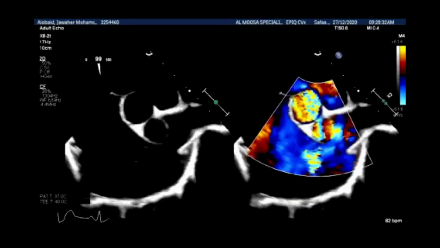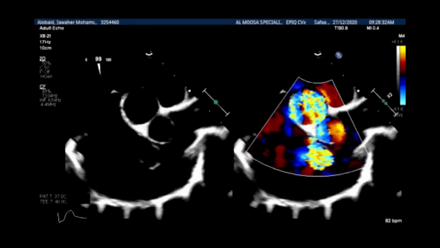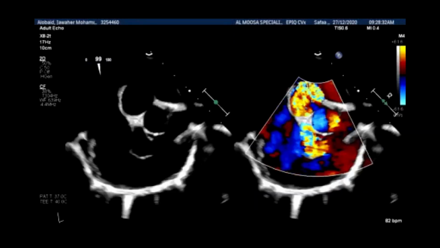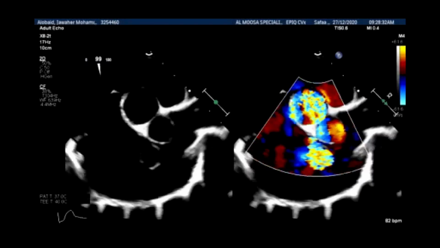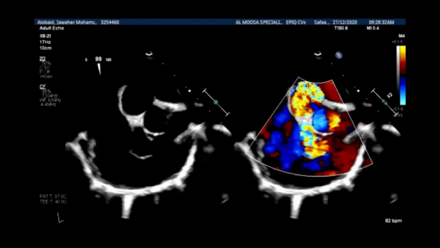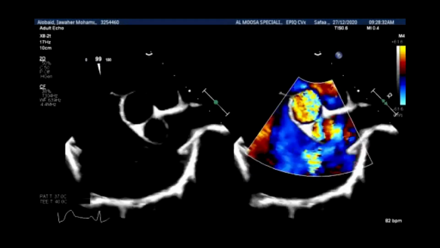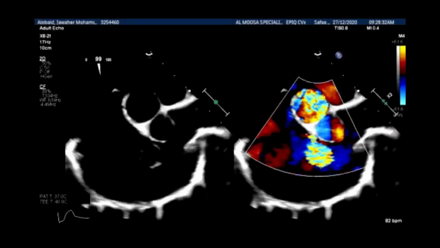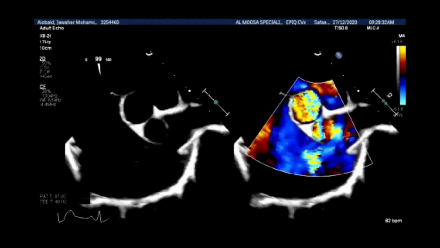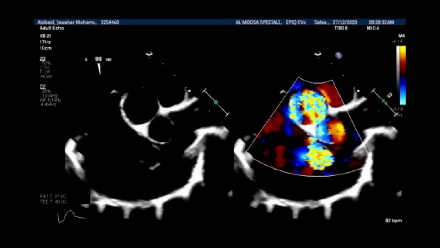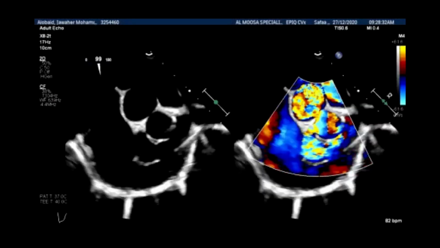And here in the bicaval view, we found multi-lobed tunnels inside the right atrium with continuous color passing inside. There are no phases. But here we can't find the opening into the right atrium or the origin from the aorta side.